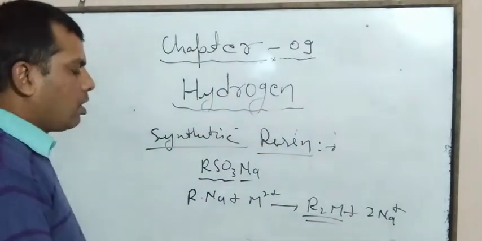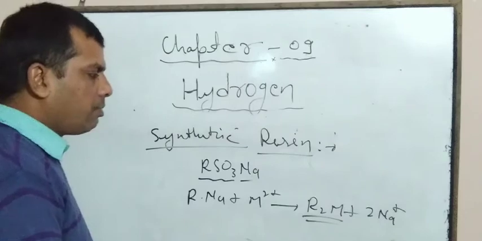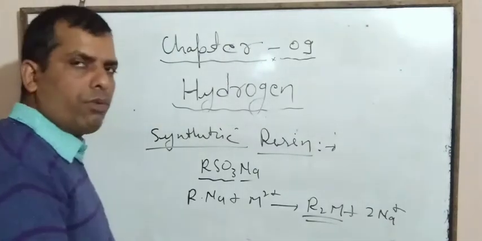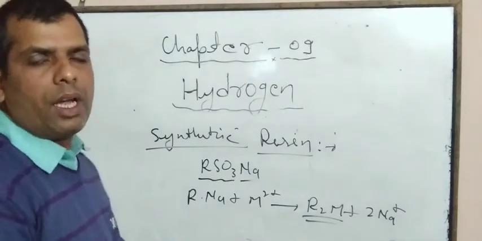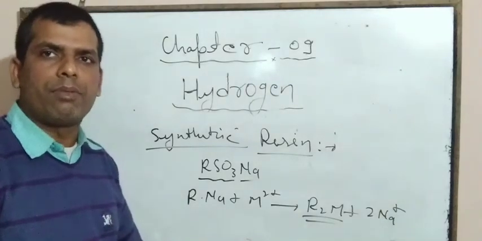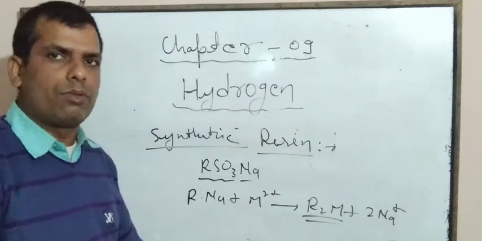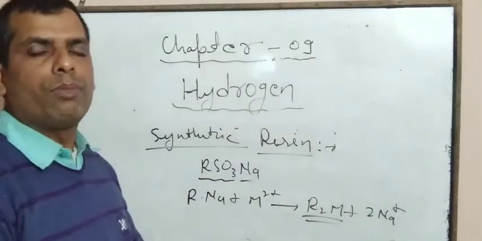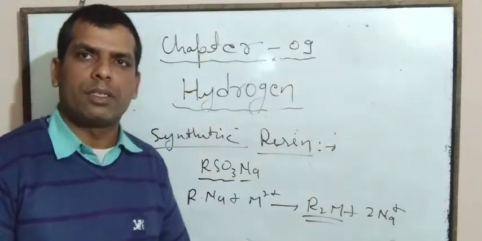So in this way Ca2 plus and Mg2 plus react with the resin and are removed from hard water, and we can remove the hardness of water. So it is also an important method to remove permanent hardness from water.